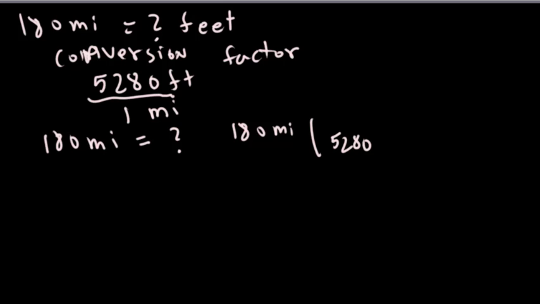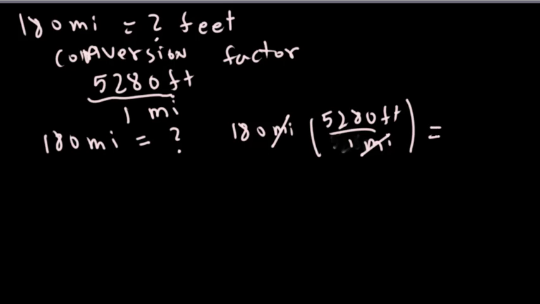Now we're going to put that on top. So that's our conversion factor. The units cancel out. So now we're going to be left with sticking that in the calculator.